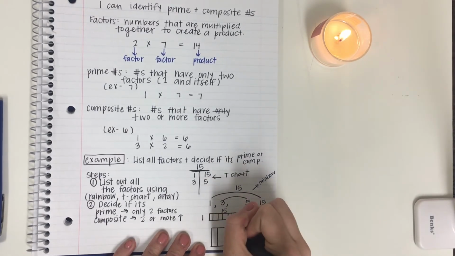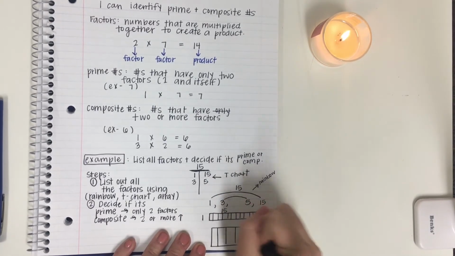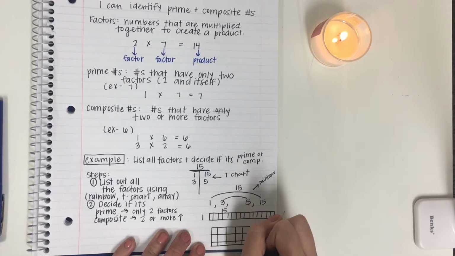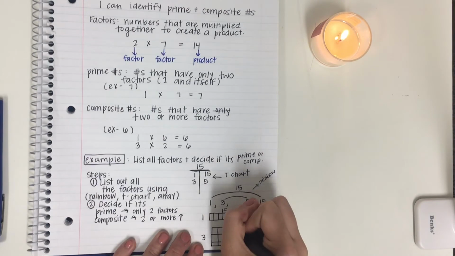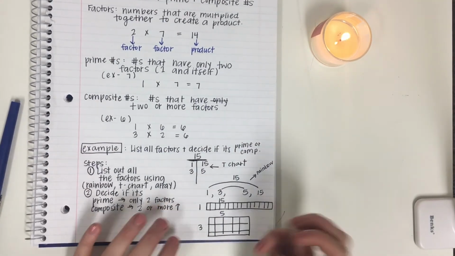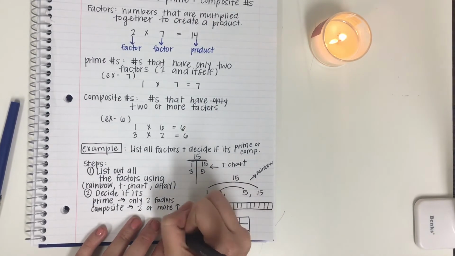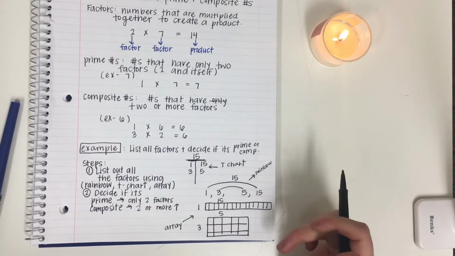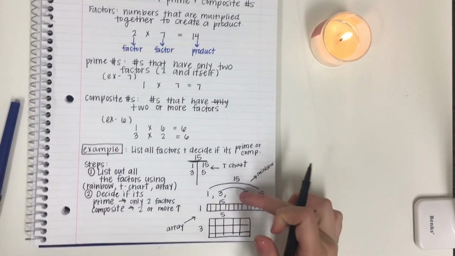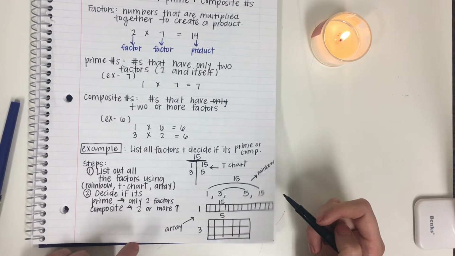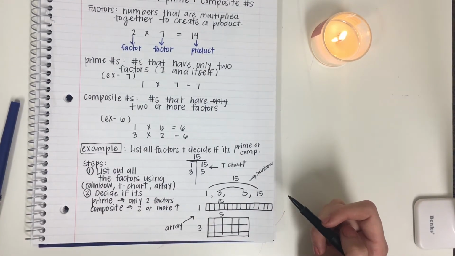So you could do 1, 2, 3, 4, and 1, 2, 3. And this would show me 3 by 5. So we call this the array model. Whatever works for you works for me. Okay, so you can do a T-chart, a rainbow, or an array. Either way shows you that 15 is a composite because it has more than 2 factors.